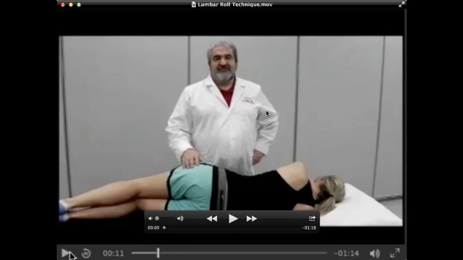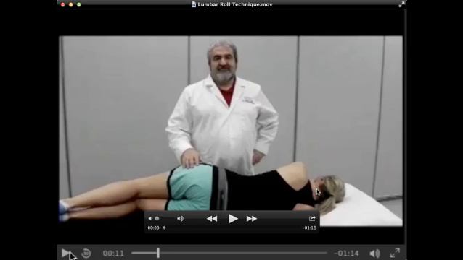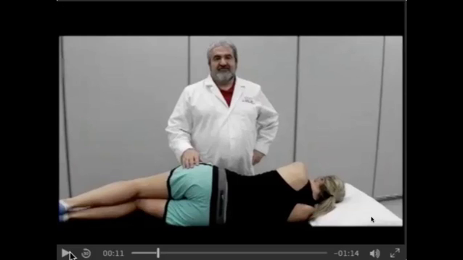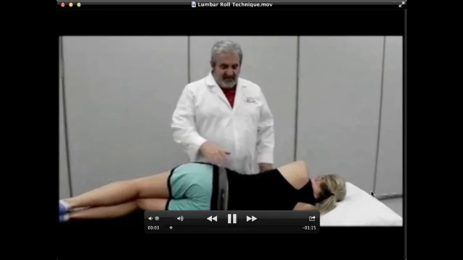So this is a demonstration of a lumbar roll technique, which rotates the lumbar spine toward the side that's up. And so here this person's going to be rotated in a left rotate of the lumbar spine. So the position is important, and then the way that the thrust is administered is also important.